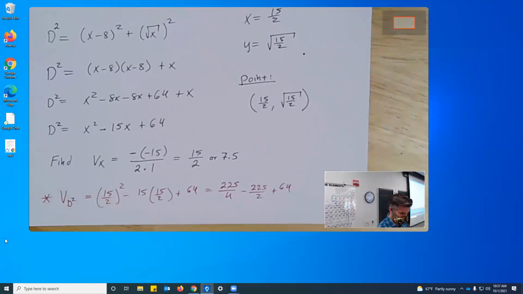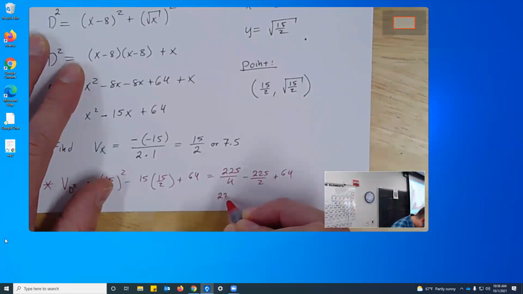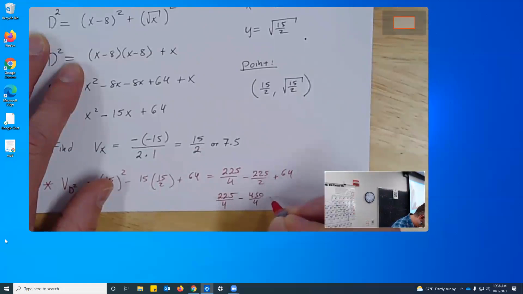What is that? Actually, that's an excellent question. That's why I was talking. That is what the minimum distance squared would be. I suppose we can simplify it. This simplifies to 225 over 4 minus 450 over 4 plus 256 over 4.